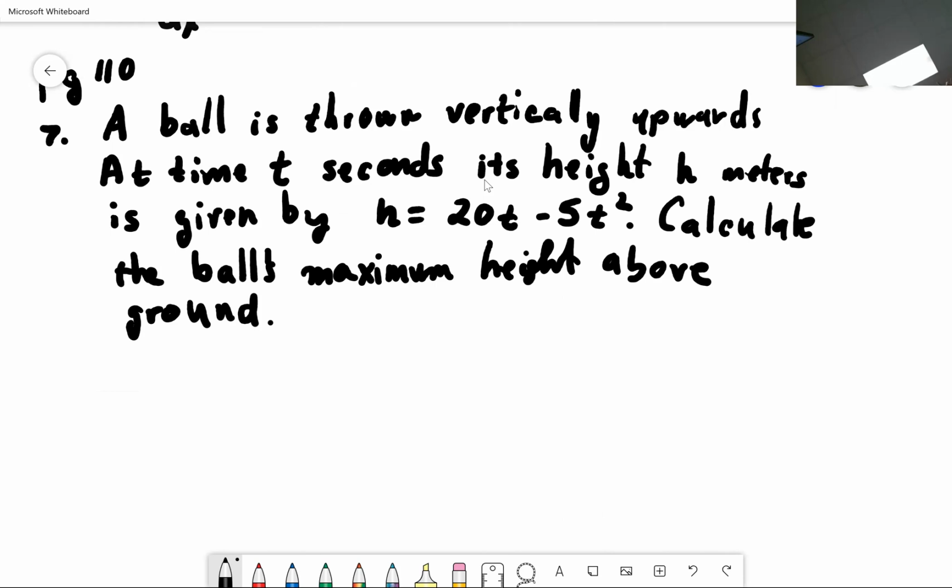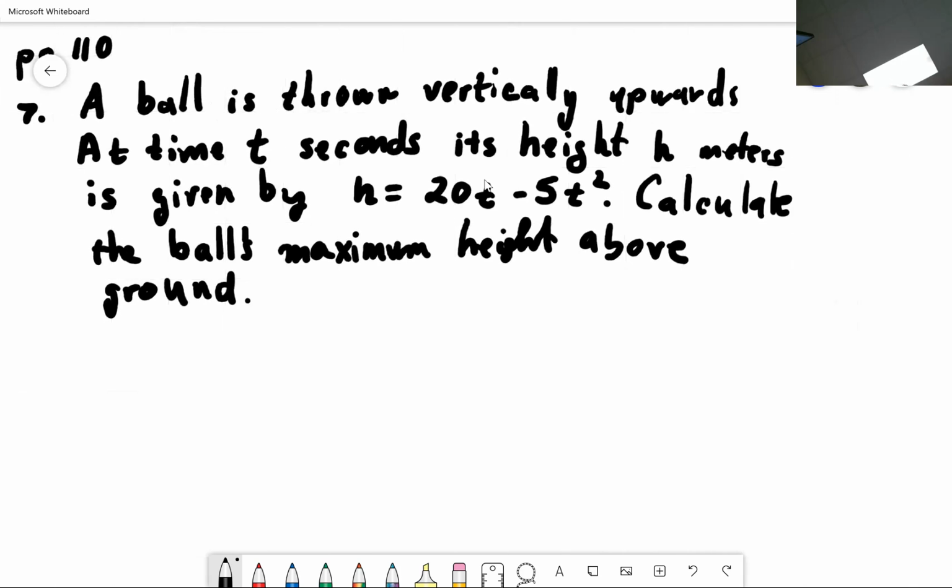If it has a positive coefficient, it faces up. So if we remember from last class, when did we find stationary points or maximums or minimums? When the derivative equals what?